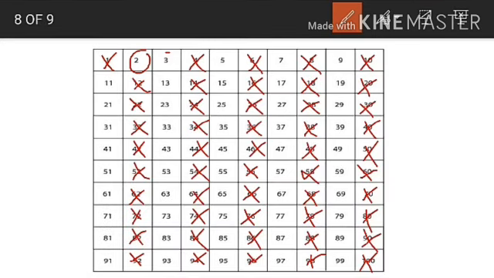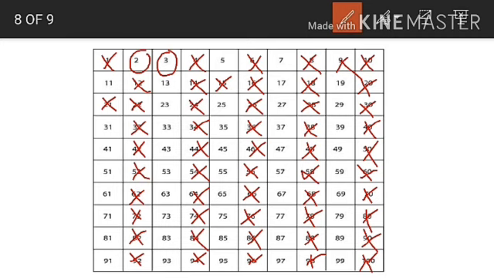Now, we will move to the next number which is 3. We will circle 3 and cross out the multiples of 3. So, 9 is a multiple of 3, then 15, then 21. Like this, we will move on and continue crossing out.